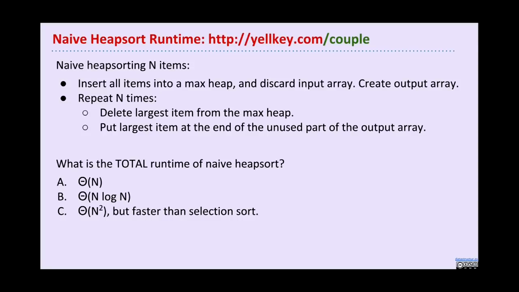That's the time to build the heap, plus the time to delete everything one by one. By the way, these questions double as a chance for you to just reflect on what just happened.